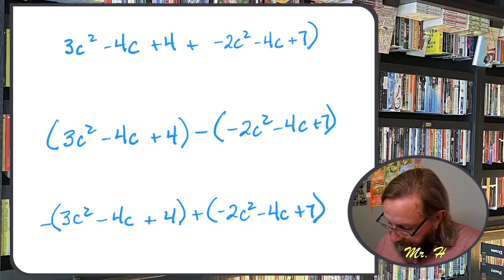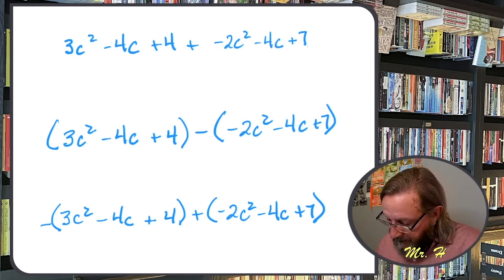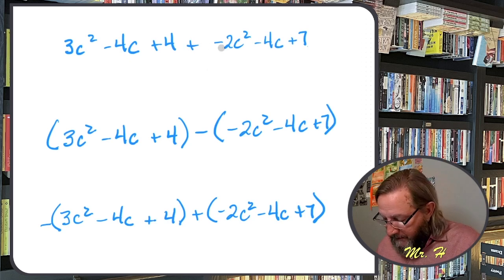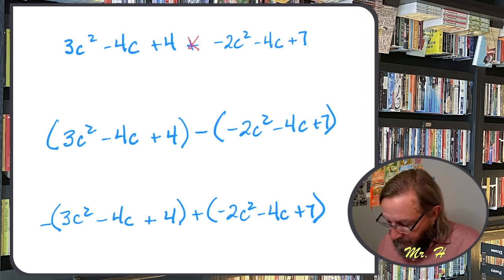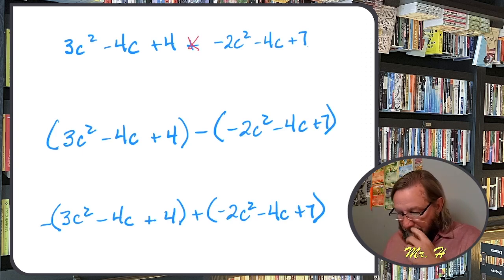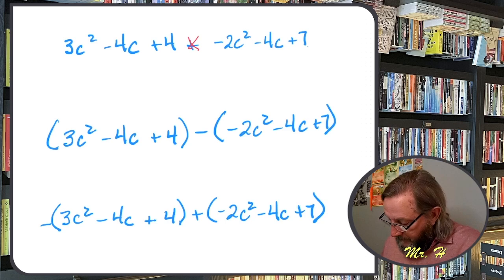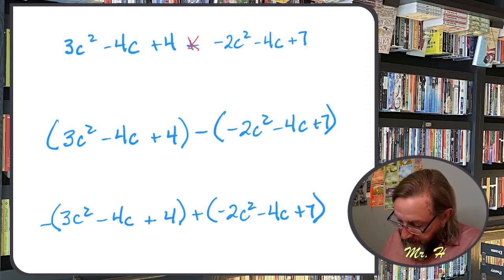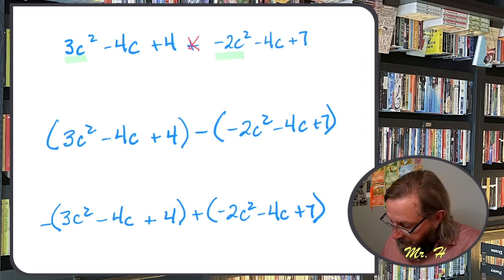Out here was a plus sign, so I could just erase that guy as well. This plus sign, I really don't need it anymore, so I'm simply going to just cross it out because I don't need to worry about it right now. Okay? Now we look at our like terms. What are the like terms? We have a 3c squared minus 2c squared.